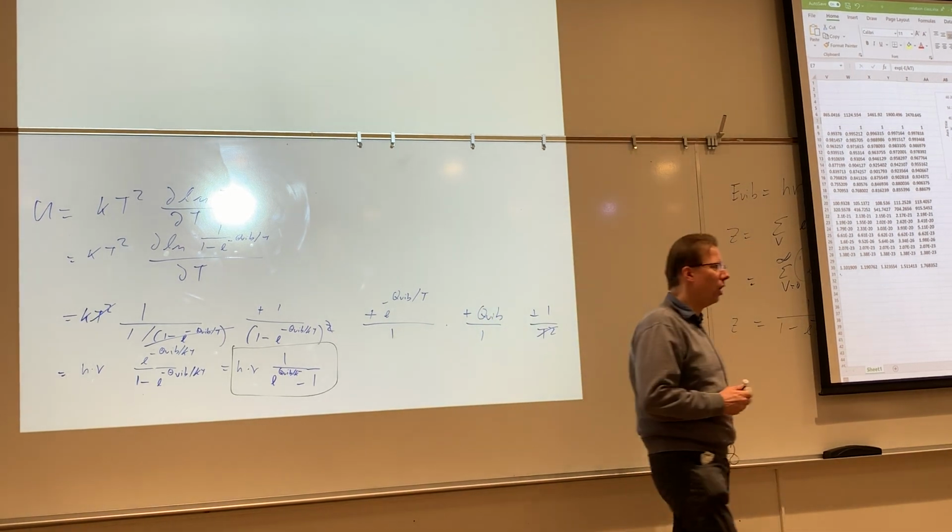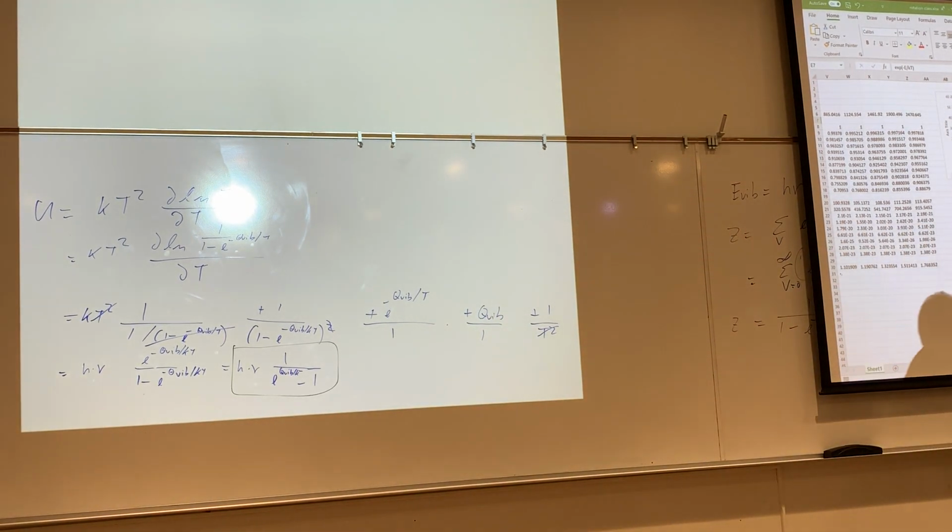Now, if you wanted to know what is the heat capacity of your system, how do you figure out what is the heat capacity associated with the vibration?